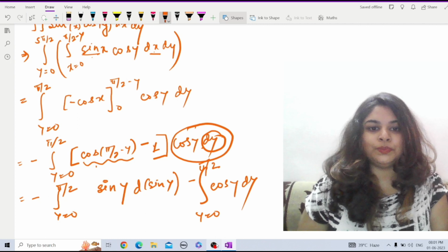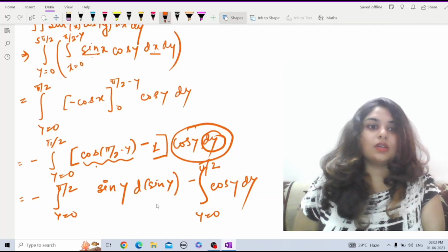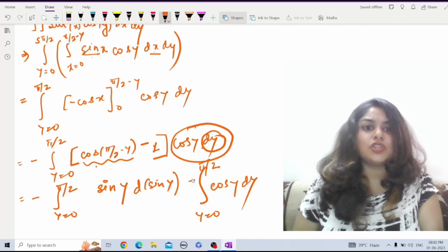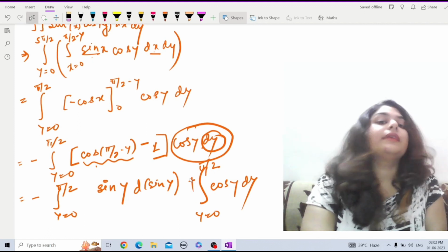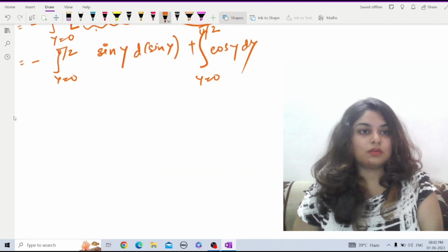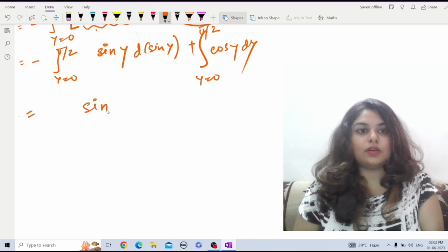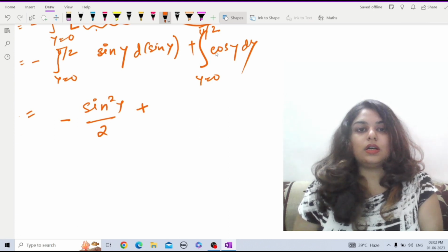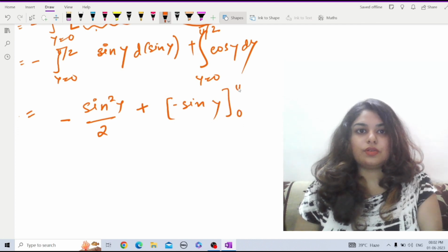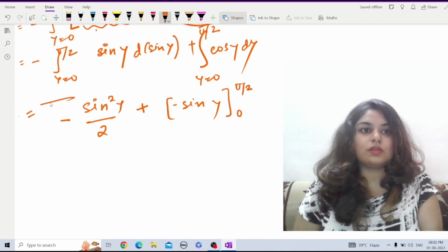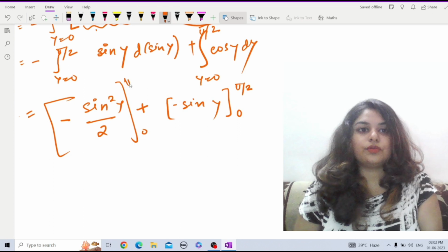Now, sorry, this will be plus. So here we have minus sin y d(sin y), which is sin square y by 2 with a minus here, plus cos y dy, so that is minus sin y, from 0 to pi/2, and this is also from 0 to pi/2.